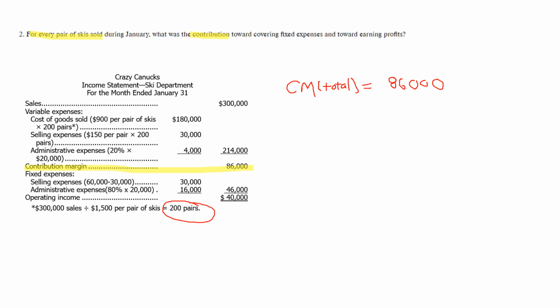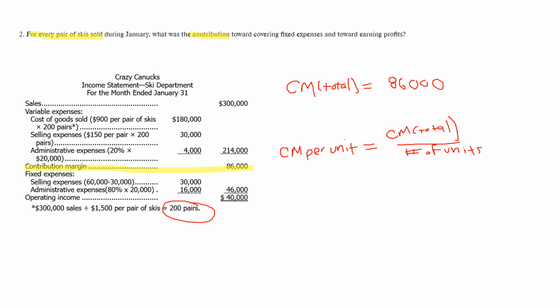So if we want to figure out our contribution per every ski we sold, we would simply do our contribution margin per unit, which is going to be our contribution margin total, as above, divided by our number of units.